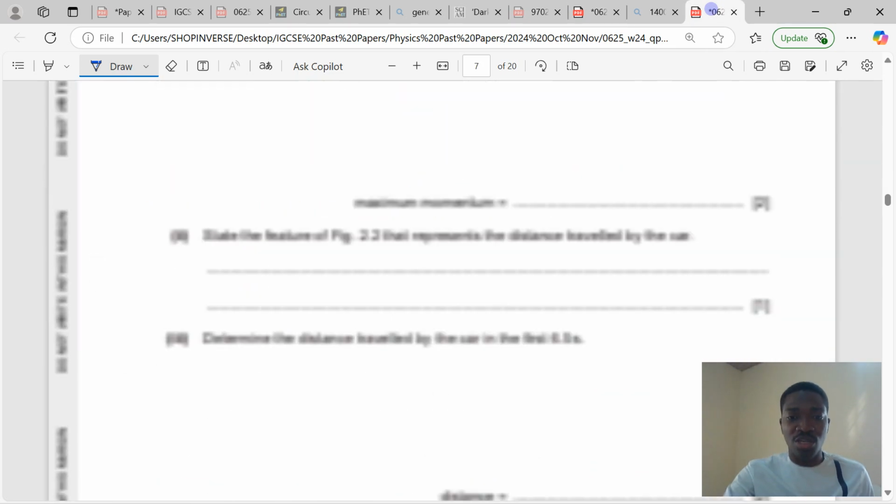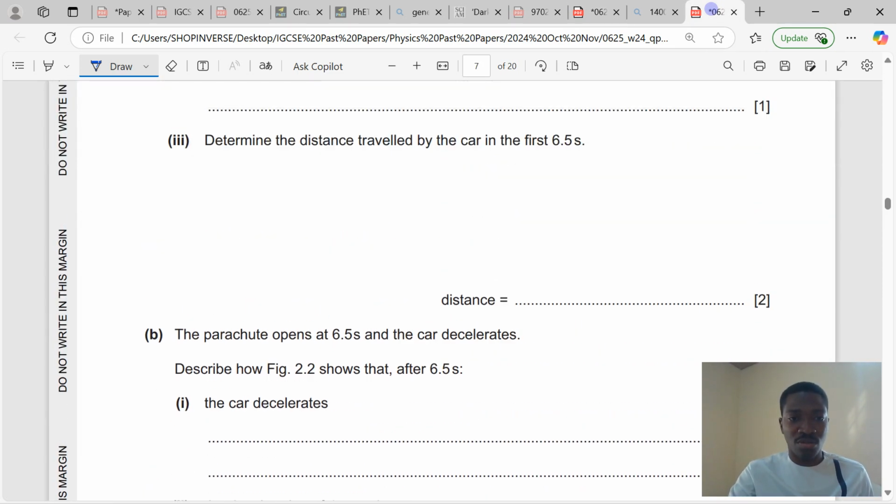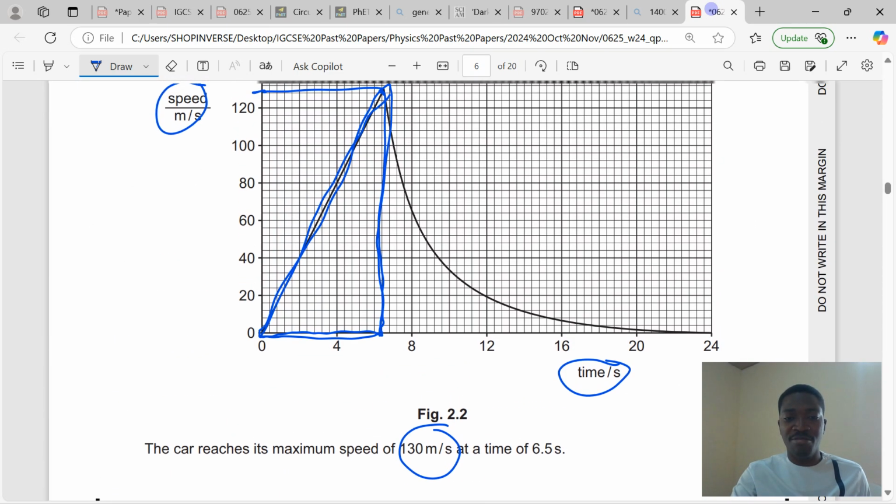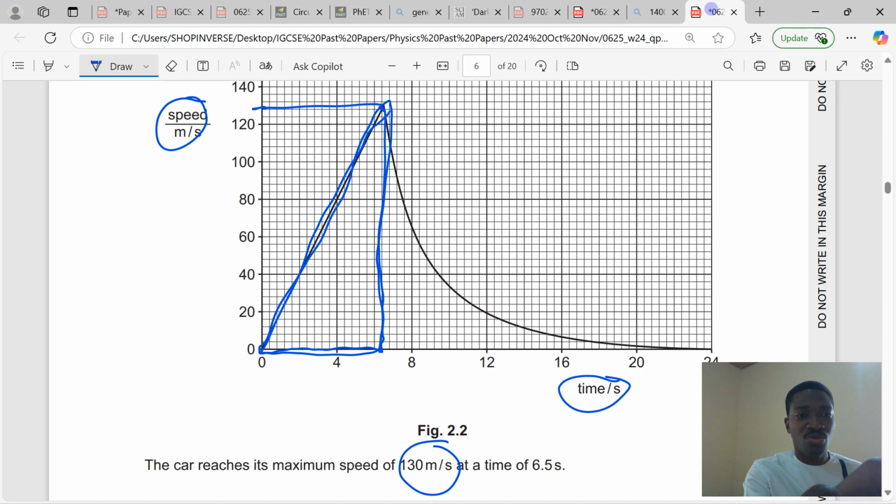The next question says, the parachute opens at 6.5 seconds and the car decelerates. Describe how figure 2.2 shows that after 6.5 seconds the car decelerates. How does the graph show that the car decelerates? If you look at the graph, after 6.5 seconds, what's the shape of the slope? We have this curve to the right.